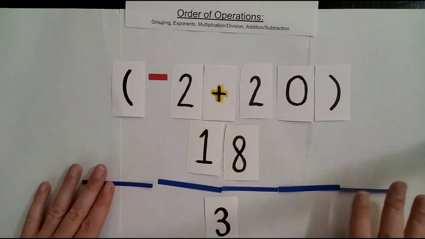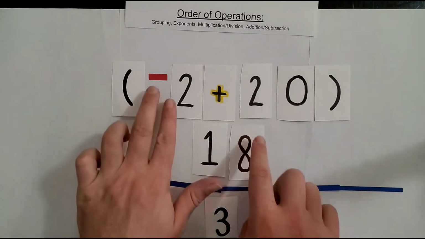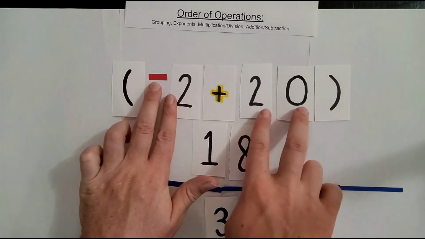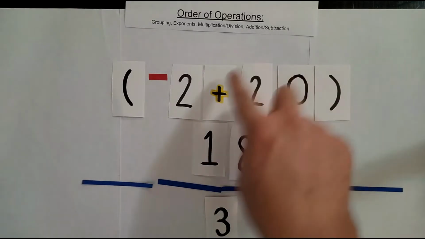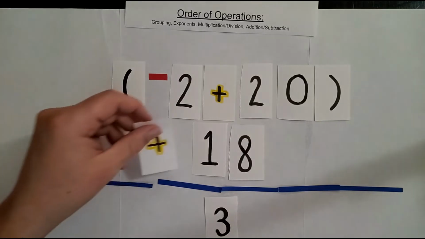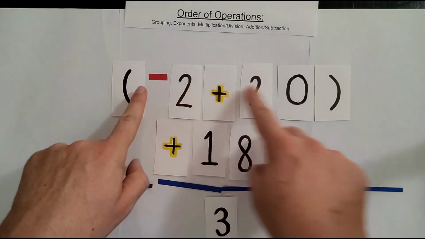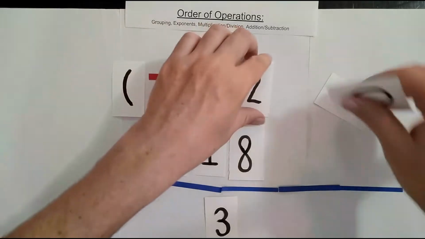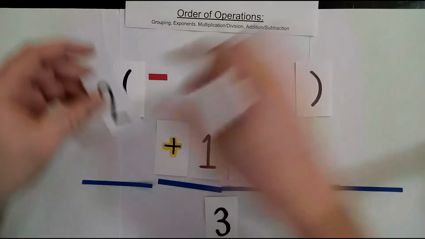But then is this going to be a positive 18 or a negative 18? So which is bigger up here? The negative number or the positive number? Is negative 2 bigger or is positive 20 bigger? So because the positive number is bigger, that means that this 18 is going to be positive. So we can swap out this whole thing, negative 2 plus 20, with this 18.